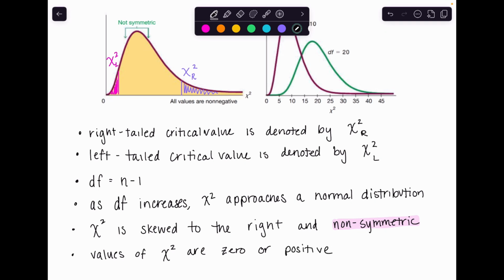Okay. So leaning into this non-symmetry, that is going to mess up our process a little bit. I'm still finding error in a similar manner. I want whatever percentage of data to fall between two critical numbers, but finding the critical numbers is a little bit different. I no longer have the same margin of error on either side.